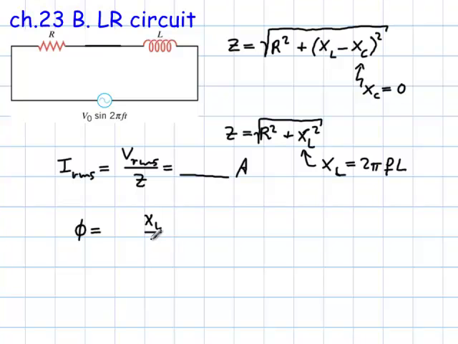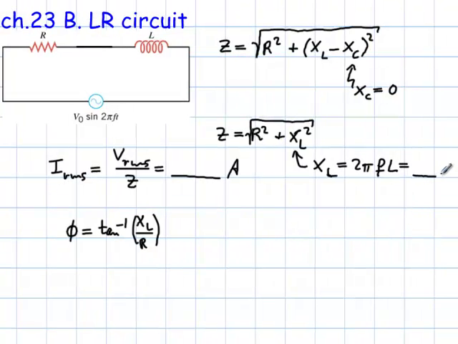XL over R, and because we need to figure out what the angle is, I take the inverse tangent on that side. And that also means we actually need a value for the reactance in ohms over here. Plug that in, take the inverse tangent, and if your calculator's in degrees, you come up with by how many degrees the current is lagging behind the voltage in the circuit.